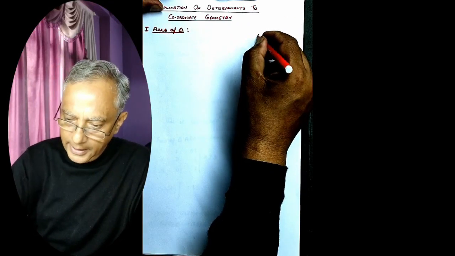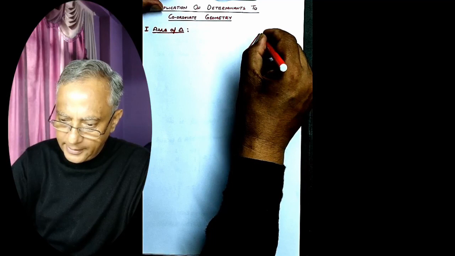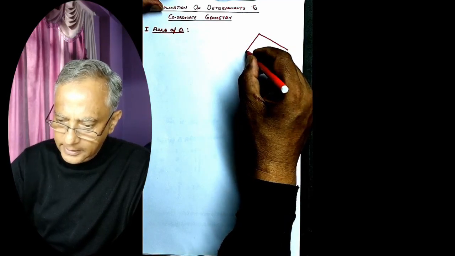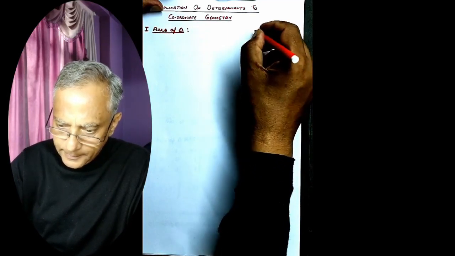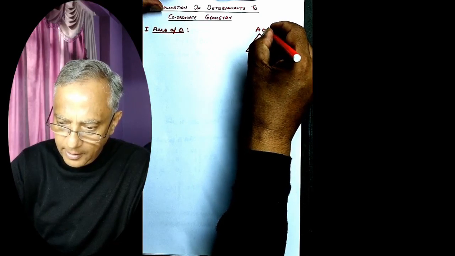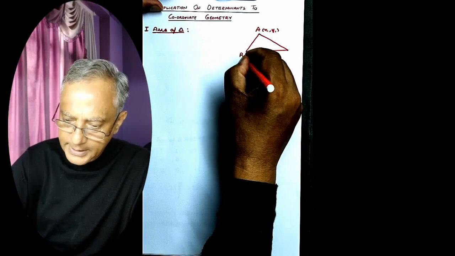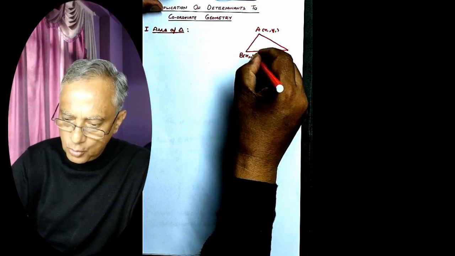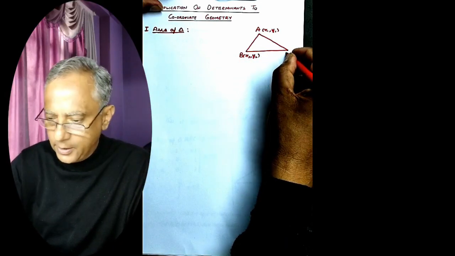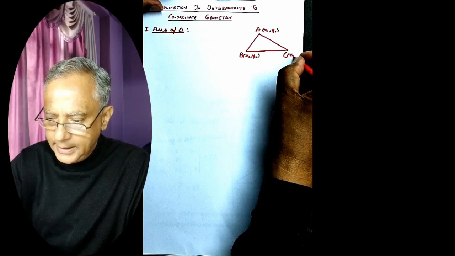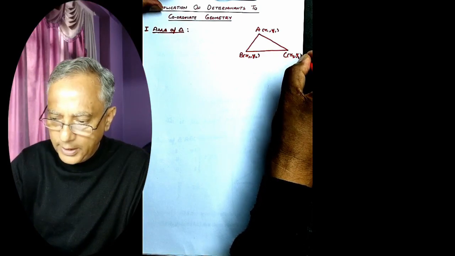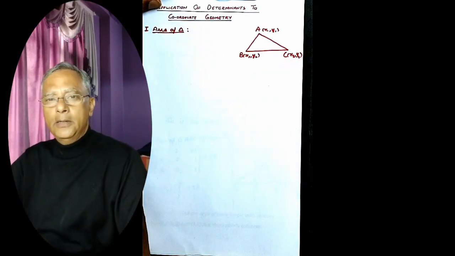Let ABC be any triangle and let A (x1, y1) be one of its vertices, B (x2, y2) the second vertex, and C (x3, y3) be the third vertex.